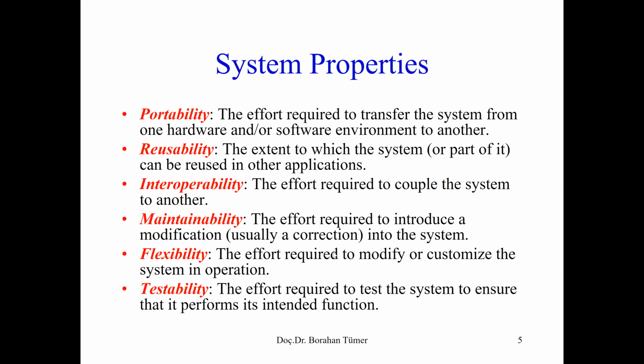Okay, this is an example. You may look in your book, and you may also look at other resources, that these three system properties define the features of the software product, how to be easily changeable.